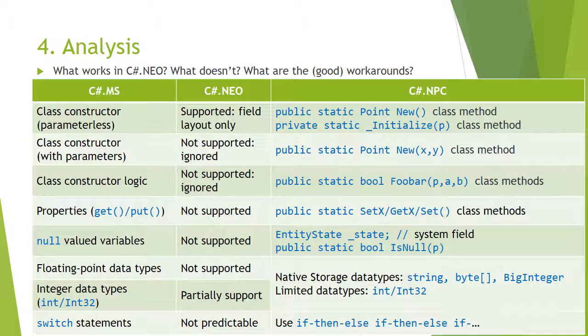Going to the second row in the table, again, class constructors with parameters are not supported. Any of those parameters are simply ignored, as is, again, the body, the third row in this table. And so the way to support that is having a new public static new method that would take, let's say, an X and a Y type coordinate, or whatever values are important for initializing your entity, and then it would return the entity.